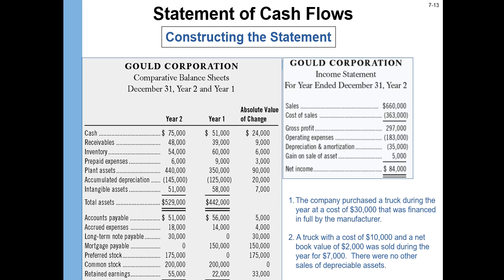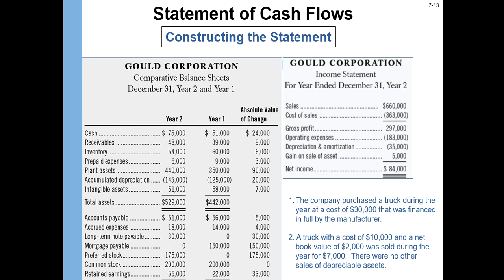So you know what will be included in the balance sheet. What about net income? Net income is here, and this is the income statement.